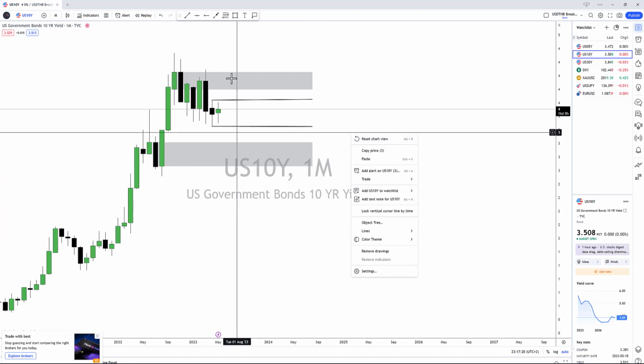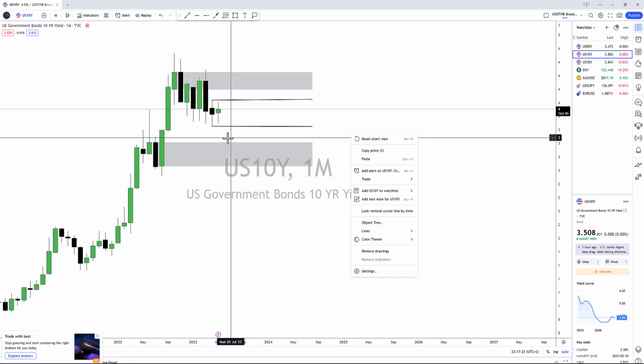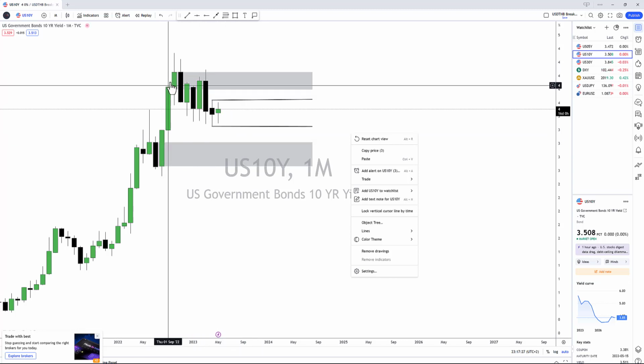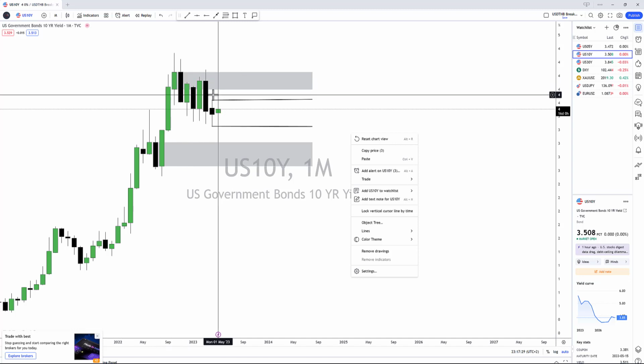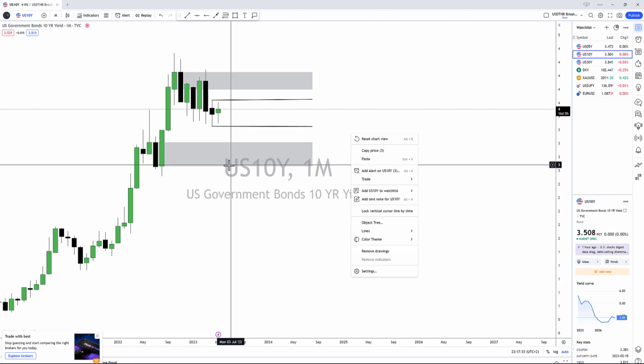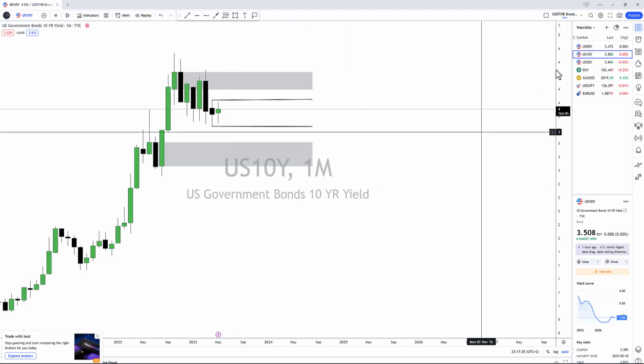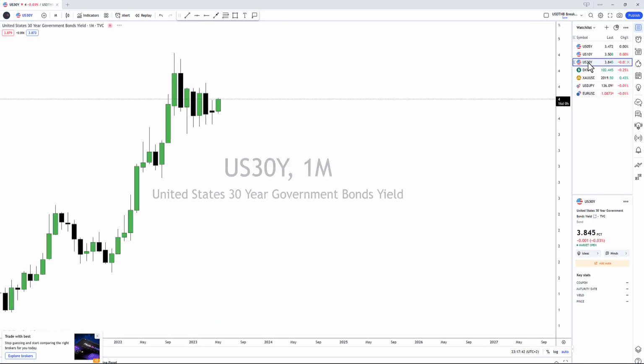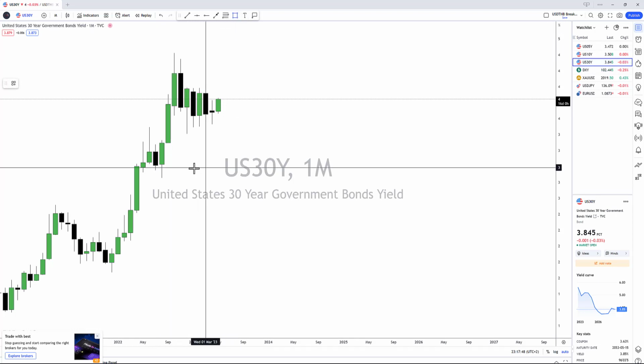Now, our market structure is pointing to the downside, our institutional order flow, this bearish order block, is currently in control of price, and price is looking to trade to the downside. So that's the 10-year yield. Let's look at the 30-year. You can already see on the two that we have looked at, they're all pointing to a bearish move.